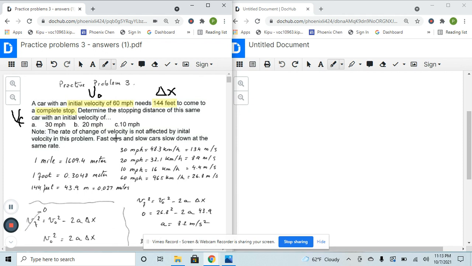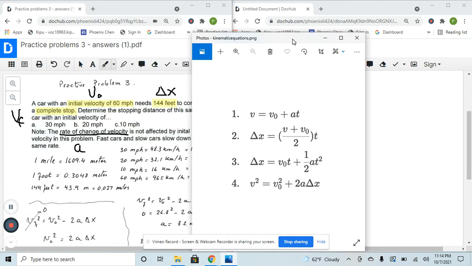So the rate of change of velocity can also be called acceleration, or deceleration in this case. So it says fast cars and slow cars slow down at the same rate, which basically means whether the car is going 60 miles per hour or 30 or 20 or 10, acceleration will always remain the same, though we don't have acceleration yet.